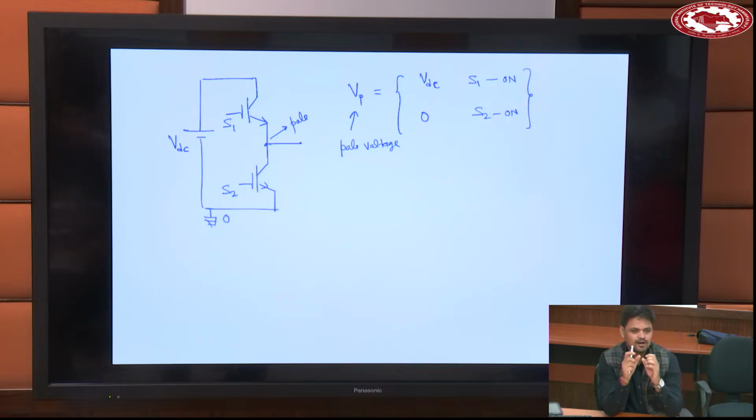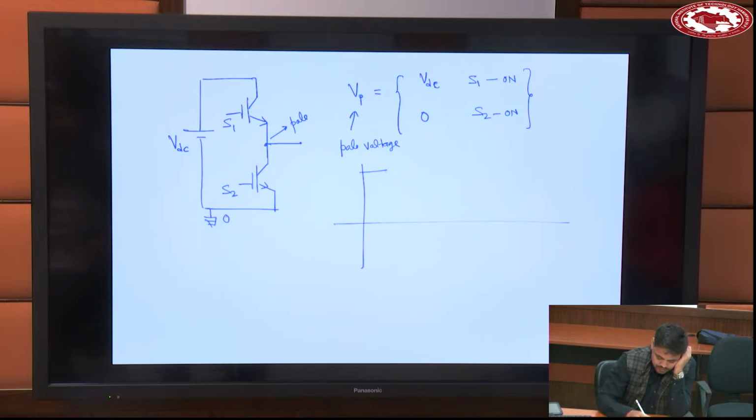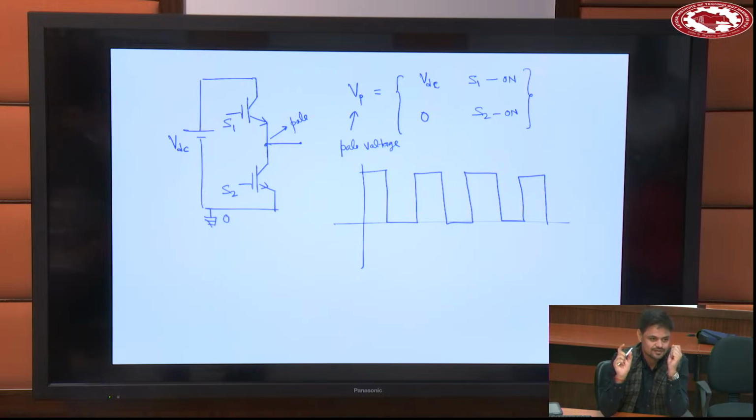Now, the average value which you need, this Vp, is always going to sit in between VDC and 0. Now you want some average value, suppose VDC by 5, VDC by 3, VDC by 2, 3 VDC by 4, something like that.